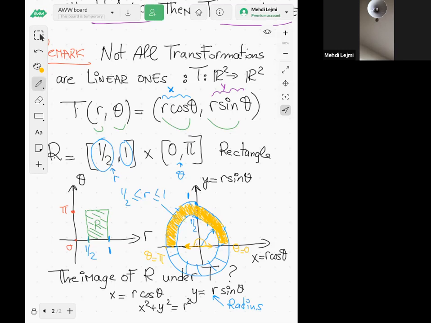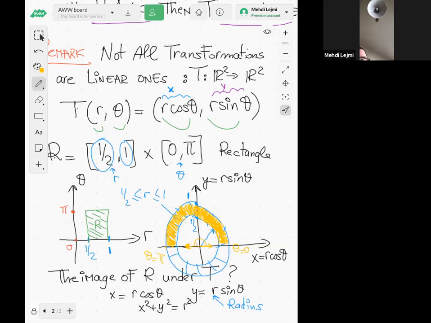So this transformation T is not a linear one, because linear transformations take parallelograms to parallelograms. But here the image of this rectangle is not a parallelogram, it's the half of the annulus. So obviously T is not a linear transformation.